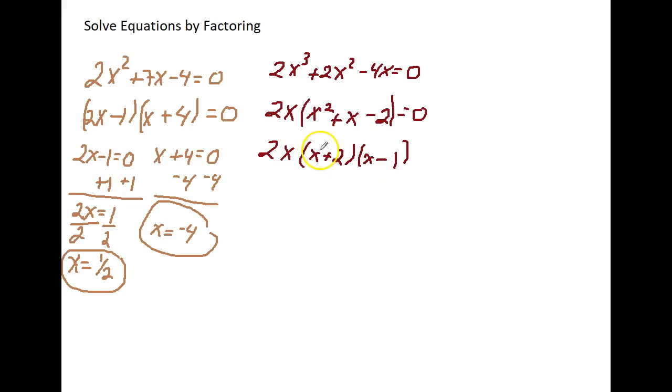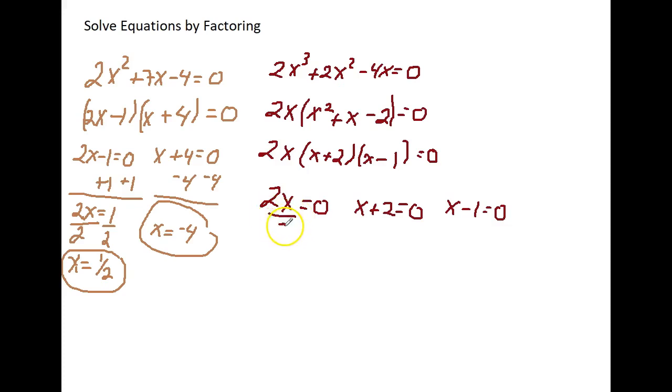And if I were to check this, x times -1 is -x plus 2 times x plus 2x. Add those together and you get 1x. Okay, set each of these factors equal to 0. So 2x equals 0, and then x plus 2 equals 0, and x minus 1 equals 0.